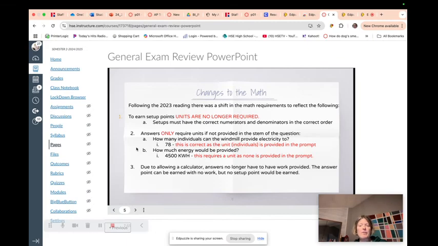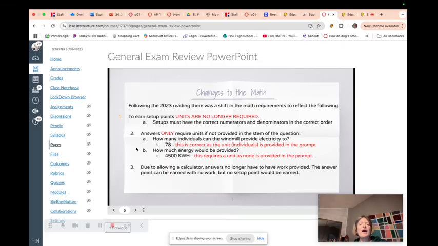Just make sure we've been practicing with including units this entire year. So I would just include units in all of your answers. Realize, though, that your setup does not have to have units in it. And so that might be a time saver, just not writing those units for every single number. Answer, yes.